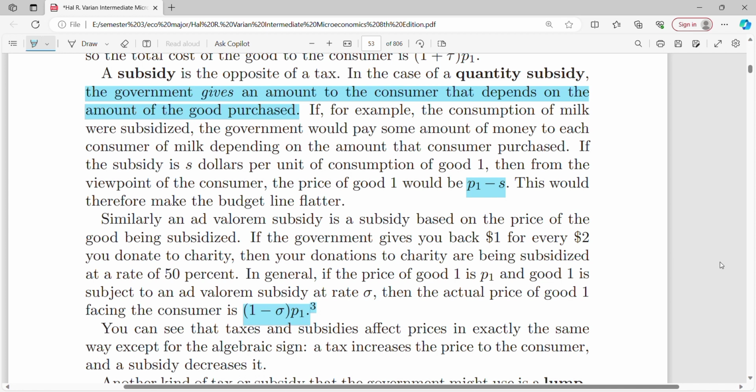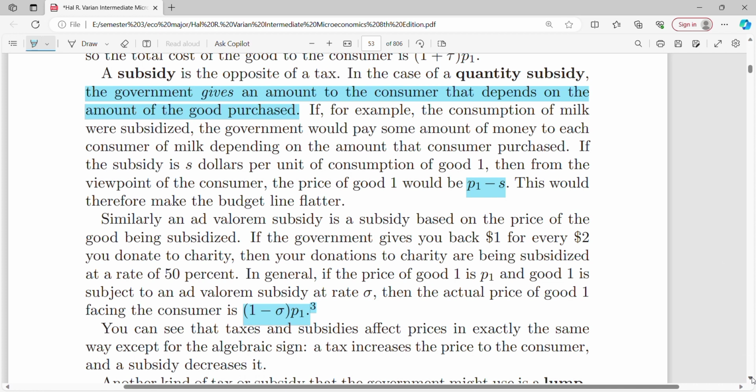The cloth is priced 100 rupees and the value subsidy for the cloth is 2%. So 2% of 100 will be reduced from this price. That is 100 minus 2% of 100, that is 2. So 100 minus 2, 98 rupees. The consumer only needs to pay 98 rupees for that particular cloth.